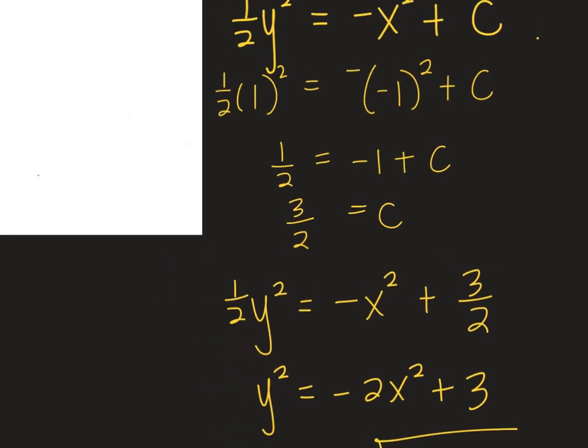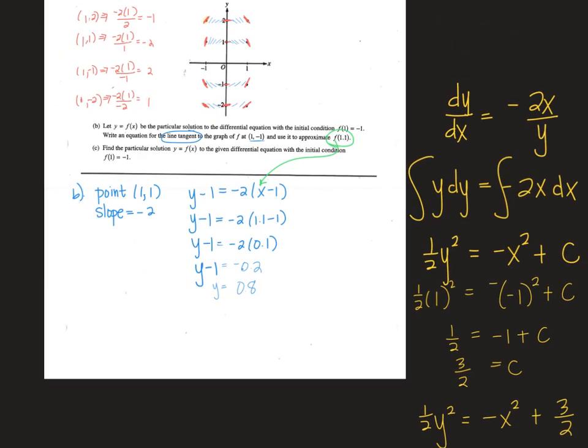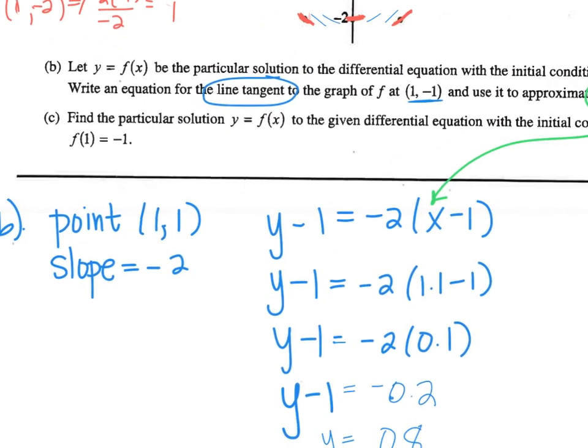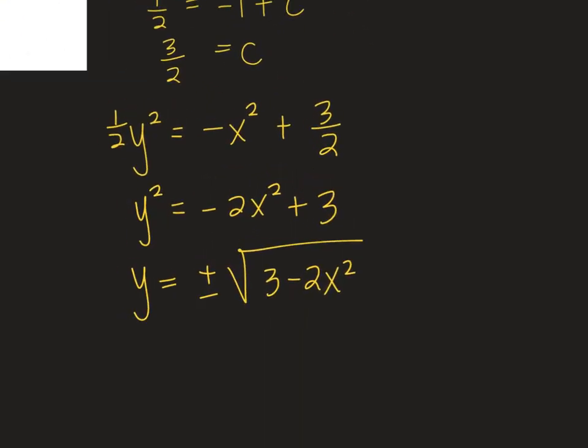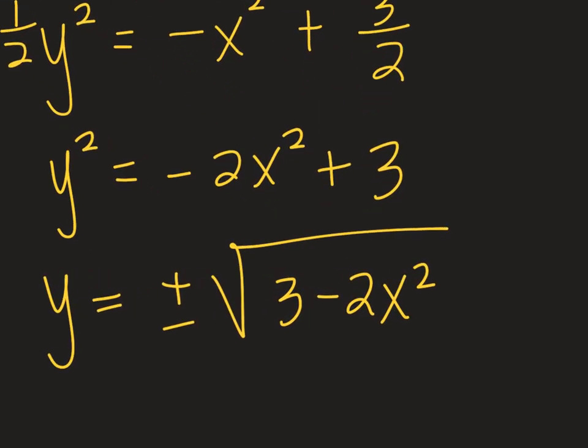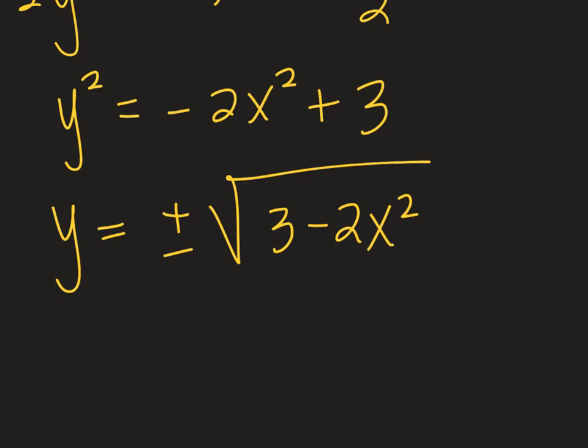Again, you look back to your initial condition. The initial condition was that when you plug 1 in, you have to get negative 1 as an answer. Well, I can tell right away, the only way for me to get negative 1 is for me to keep the negative portion. And so I will keep negative square root of 3 minus 2x squared as my particular solution.